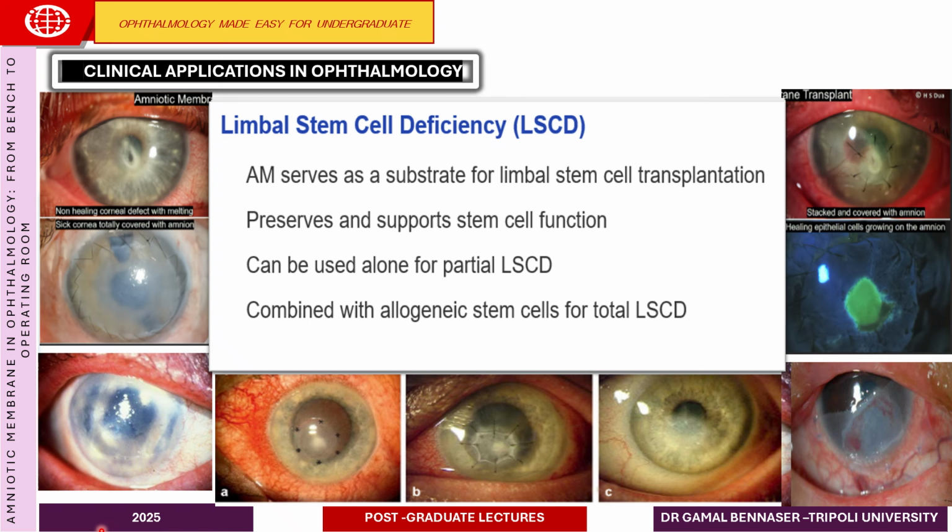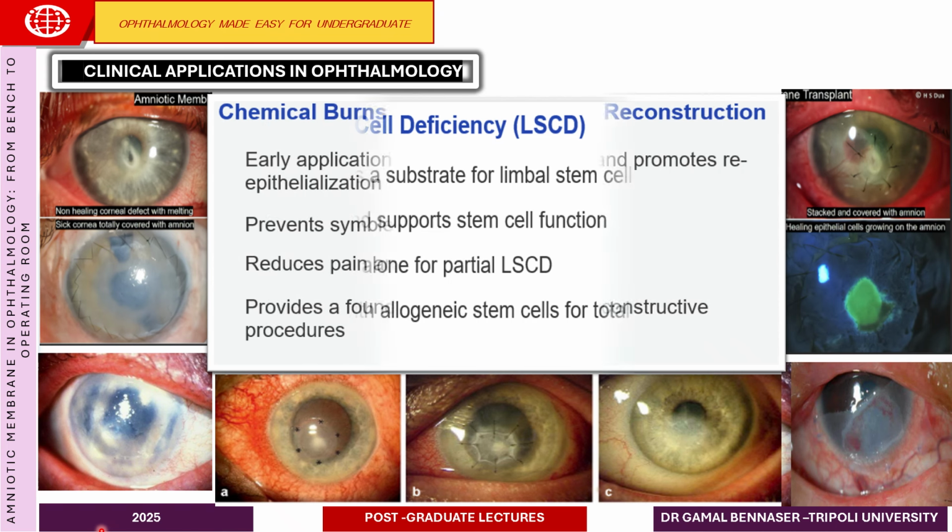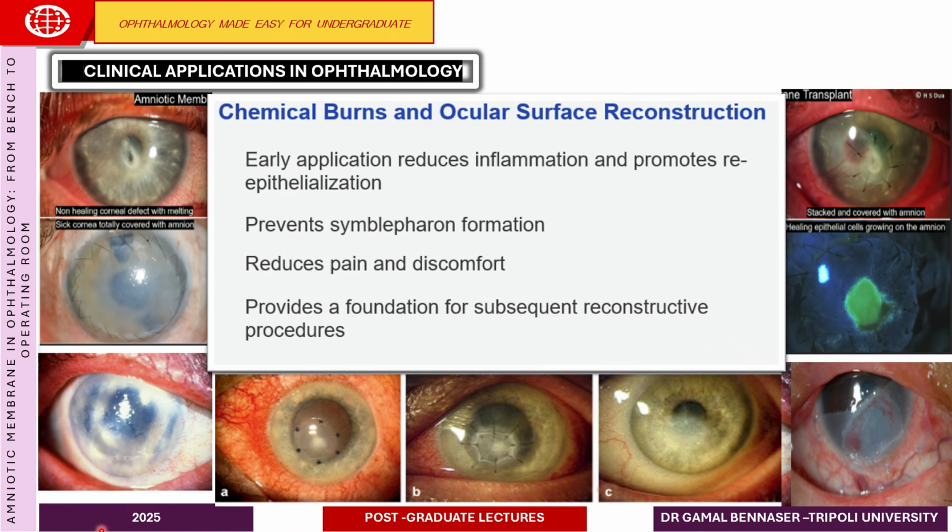And then when we do the slit procedure, we add the amniotic membrane to try to simulate the microenvironment of the limbal stem cells. Also, it has a role, of course, in the presence of chemical burns, either in the acute burn as well as in the chronic burns. We'll speak later on its role in the acute and the chronic inflammations of the eye.